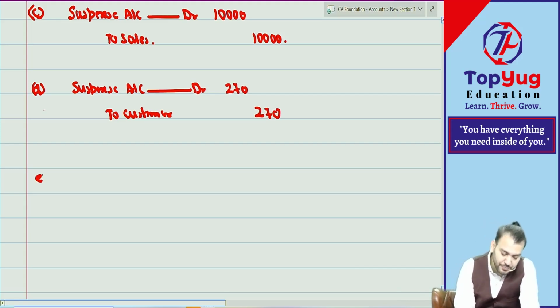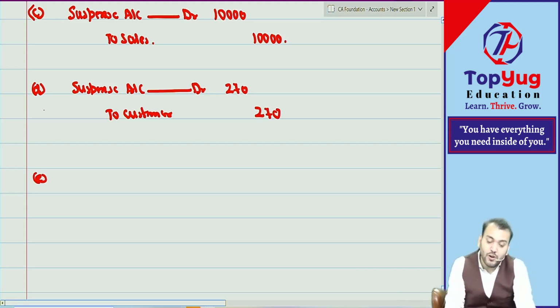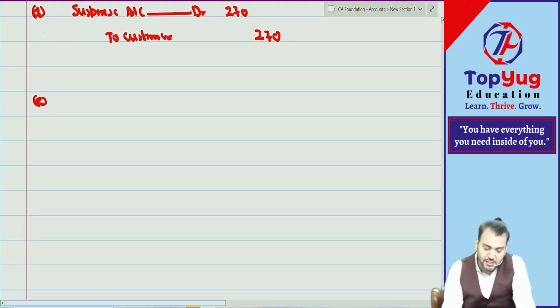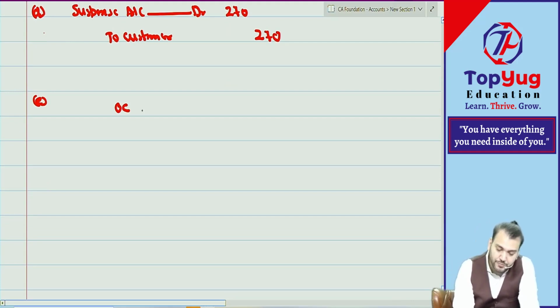Point number 5. A vehicle bought originally for 7,000 four years ago and depreciated to 1,200 had been sold for 1,500 in the beginning of the year, but no entry other than the bank account had been passed through the books. Tell me, what is the original cost? 7,000 minus accumulated depreciation.